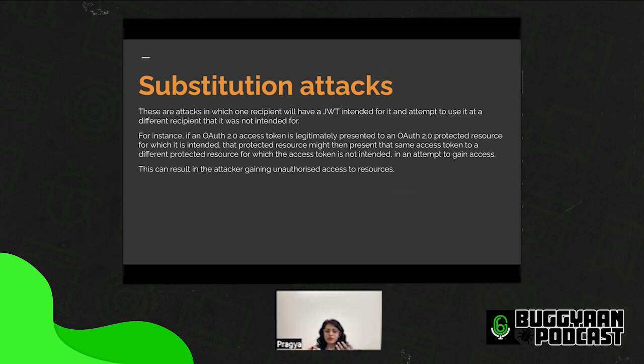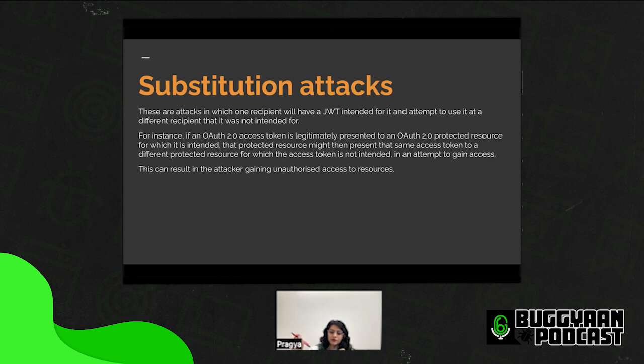What might happen is, suppose you have a server and there is an application and that application uses JWT. The server provides that application a token for accessing the resource.